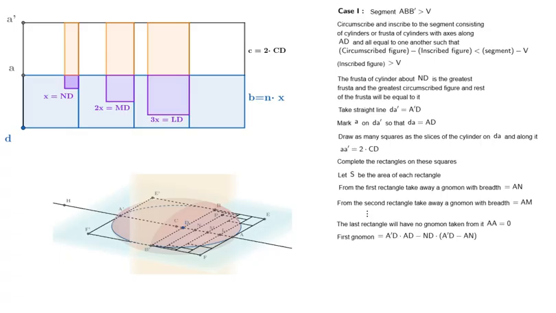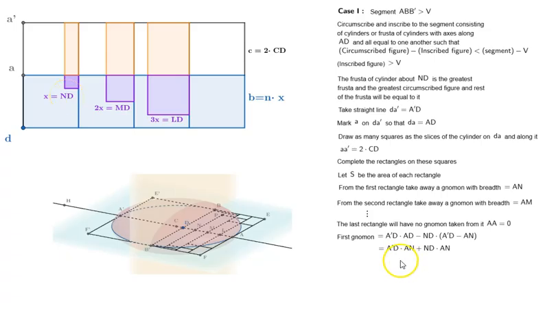Now, let's look at the first gnomon. First gnomon is this part. This will be equal to the entire rectangle minus this rectangle. So the entire rectangle is A prime D times AD, from which we are subtracting ND times A prime D minus AN.